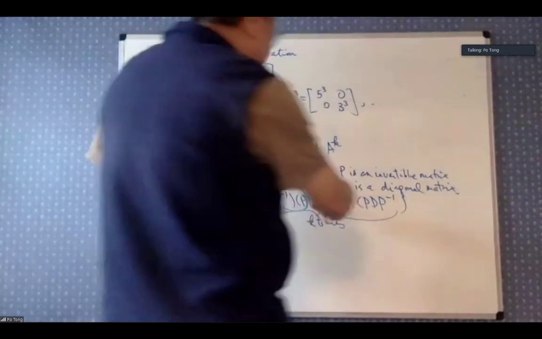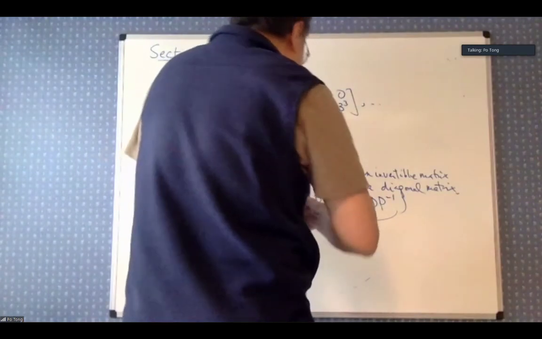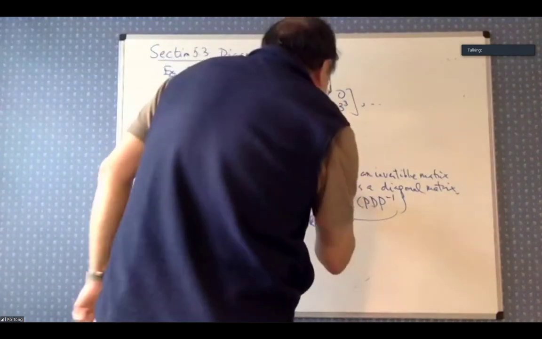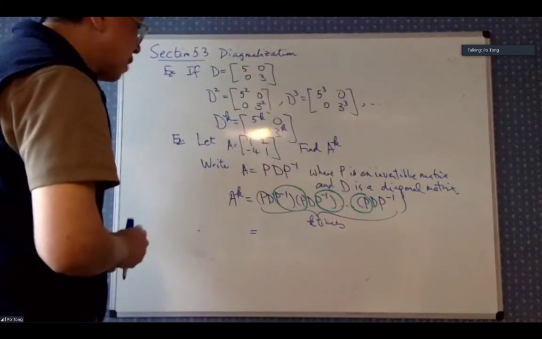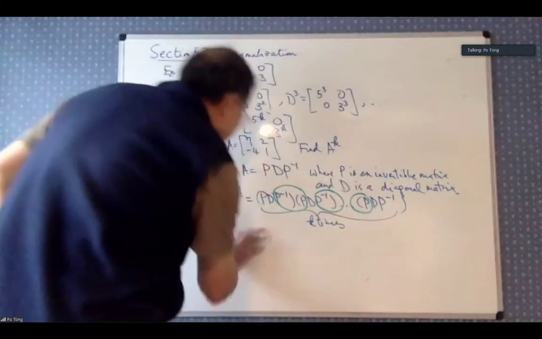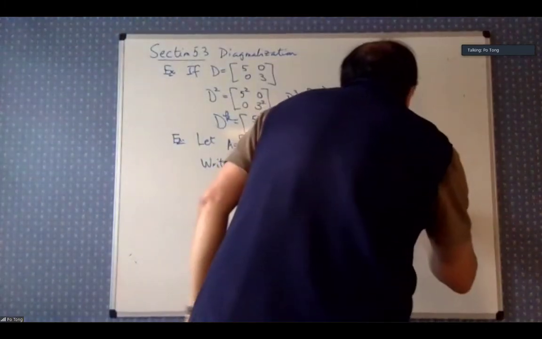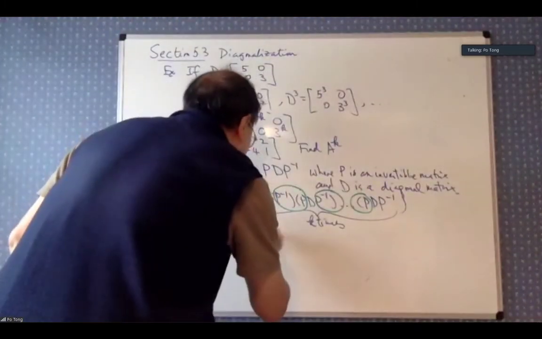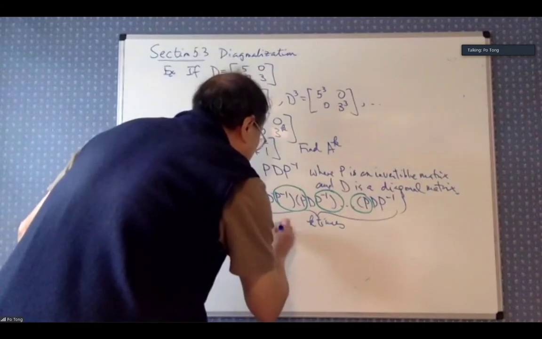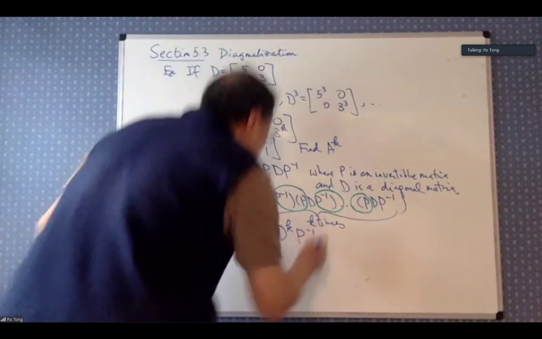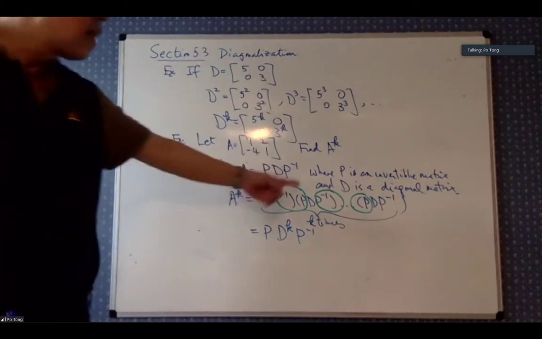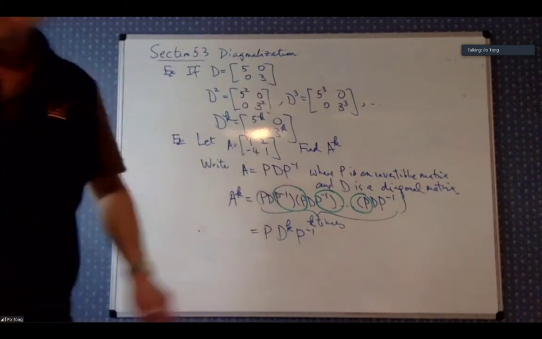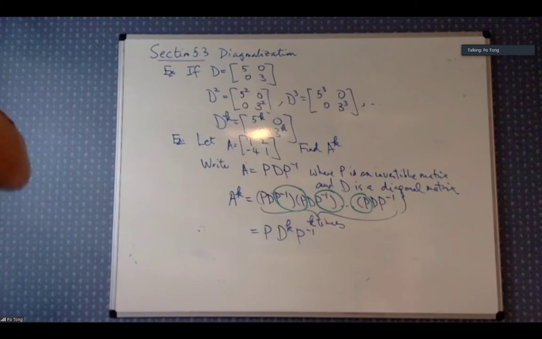So you will have a bunch of I's around. Another I here, some other I here. So at the end of the day, this will become P times D to the power k, P inverse. Okay, I want you to make sure that you understand what's going on there. Can you guys see this equal sign? That particular equal sign.